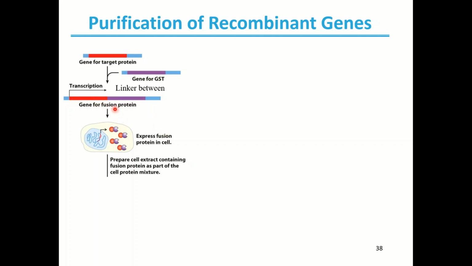Okay, so when these are expressed, you produce your normal red gene that you're interested in, and another protein, in this case GST, here in purple. Those two proteins now are connected.